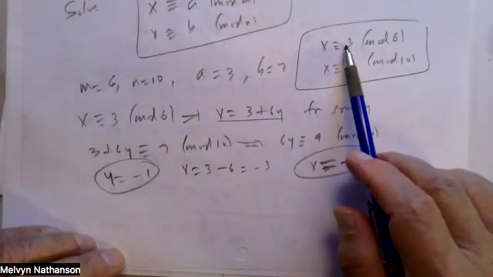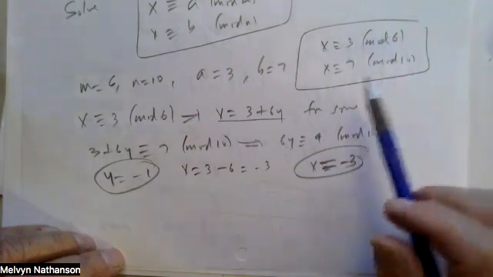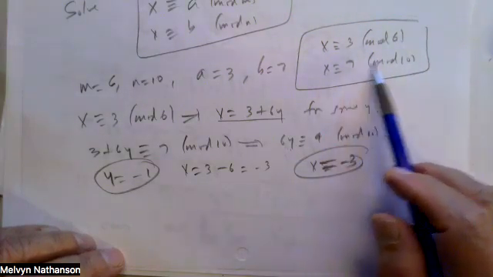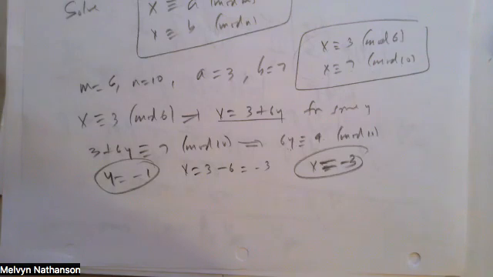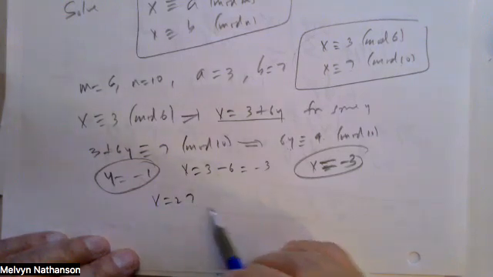Minus 3 minus 3 is minus 6, divisible by 6. Minus 3 minus 7 is minus 10, divisible by 10. Another solution would be x equal to 27.